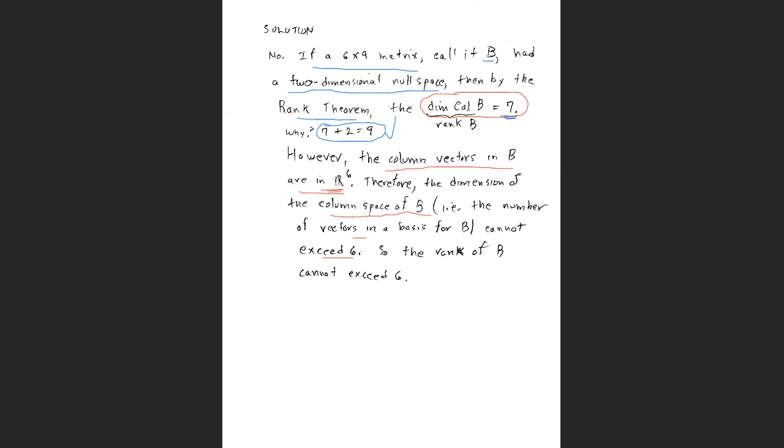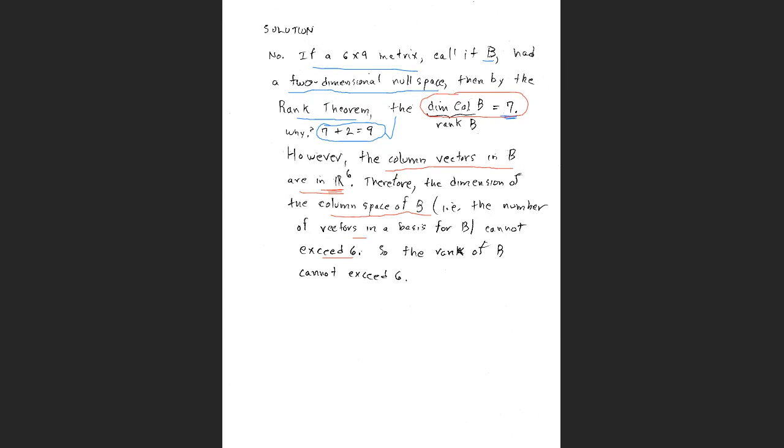So in other words, if the dimension of the null space of this matrix B is 2, then the dimension of the column space of B has to be 7 by the rank theorem.